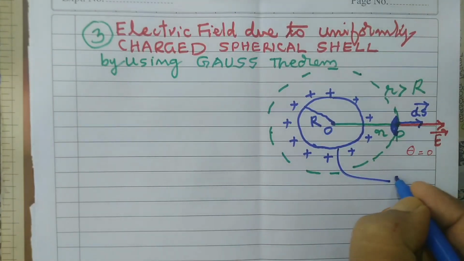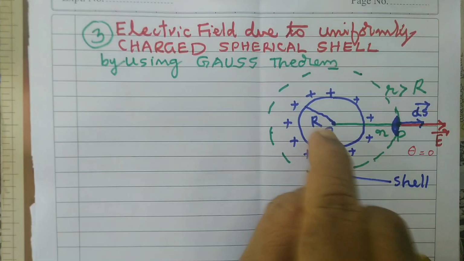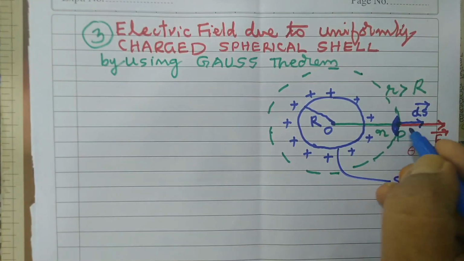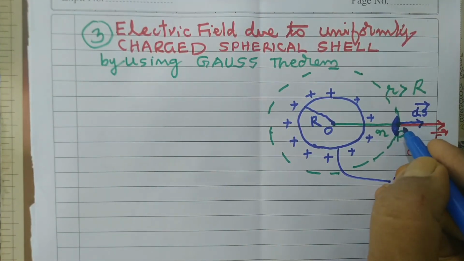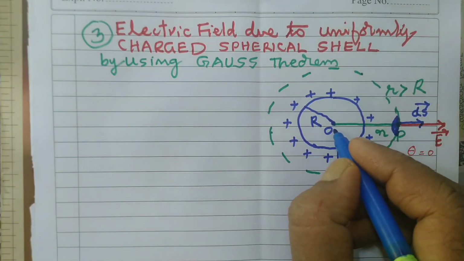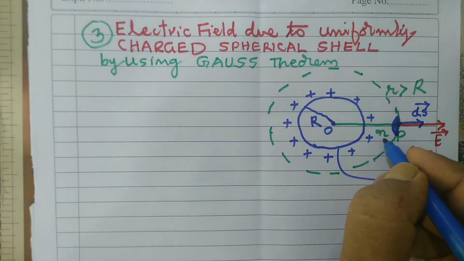This is the shell. The shell's radius is capital R, that you have to remember. The center is O, and our aim is to find the electric field at a point P, which is at a distance of small r from the center O.